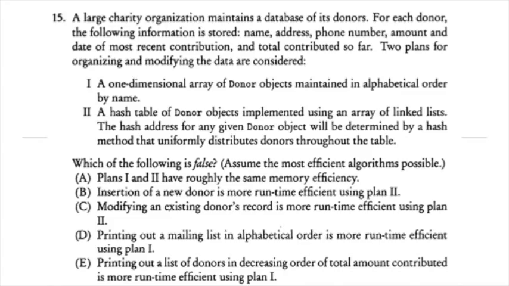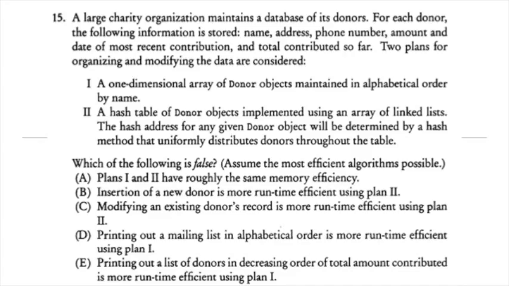Besides the original memory space occupied by the donor objects, we only have to store a little bit of extra information, like the pointers to the previous element or the next element of the linked list. So which means that choice A is correct.